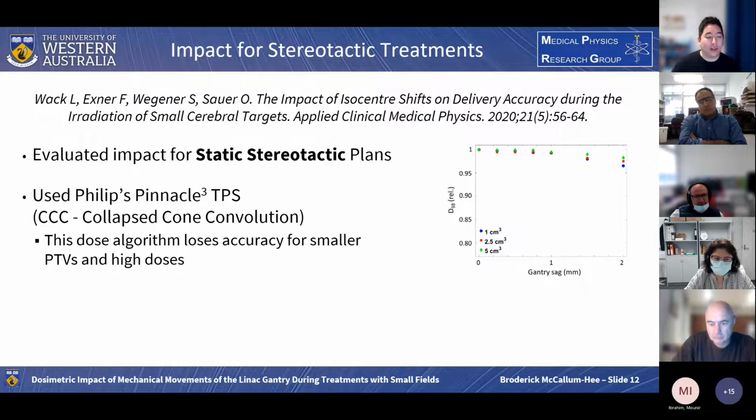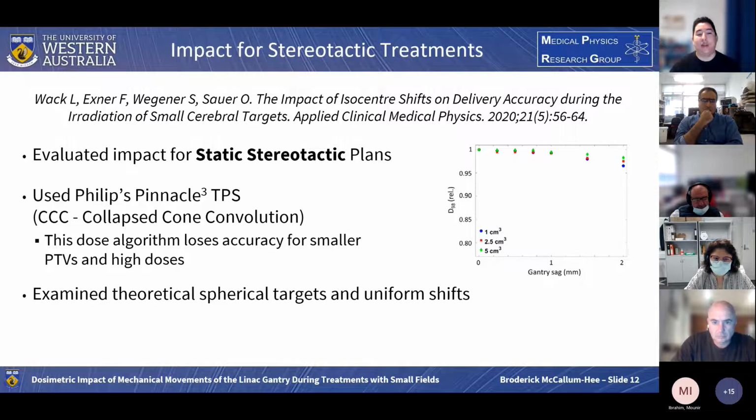There is only a single study found for stereotactic plans, and that is done by Wack et al. They evaluated the impact for, as mentioned, static stereotactic plans. To do this, they used the Philips Pinnacle TPS, which uses a collapsed cone convolution algorithm. A limitation of this study is that this dose algorithm loses accuracy for smaller PTVs and high doses.